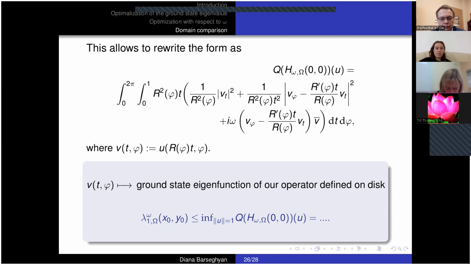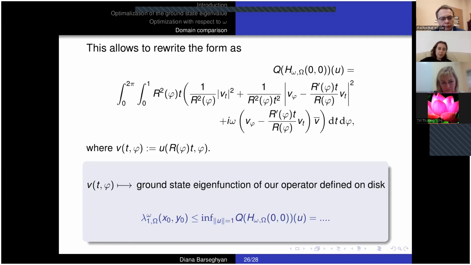Now we choose as the test function the ground state eigenfunction of our operator defined on the disk, since we already discussed that for our operator defined on the disk one can directly calculate the eigenvalues and also the eigenfunctions. So we have the information about the eigenfunctions. Therefore, we can put it into the first formula on this slide, and after some estimates, we get the desired formula.